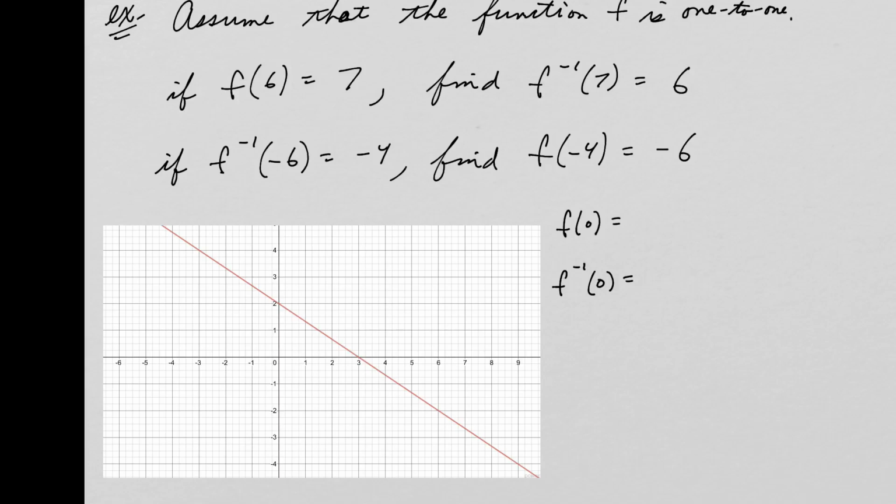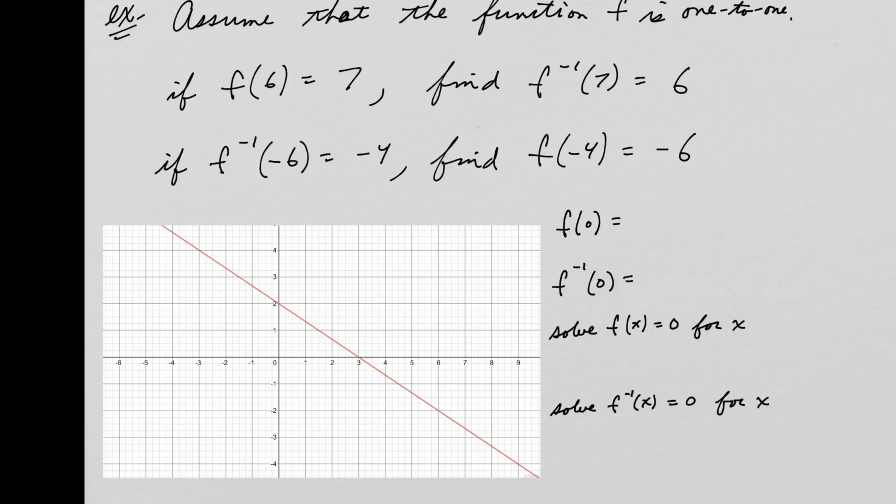Then I want to solve f of x is equal to 0 for x. And then finally, I want to solve f inverse of x is equal to 0 for x. Okay, so let's start with f of 0.